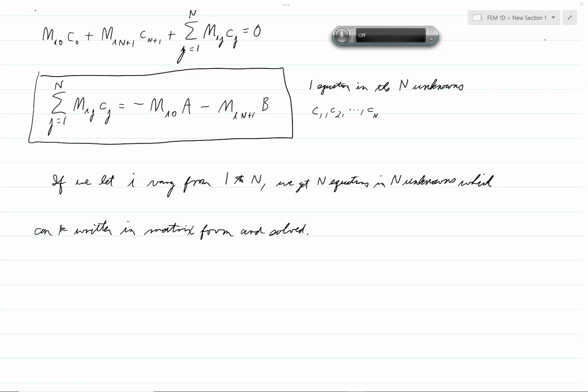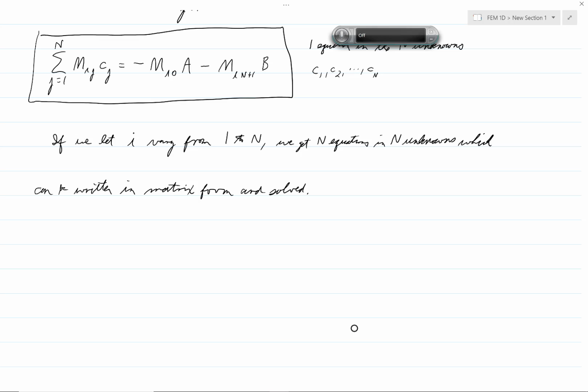Now we will continue our discussion of one-dimensional finite element analysis, or I should say finite element analysis in a one-dimensional region. So here we have the very end of the previous lecture.